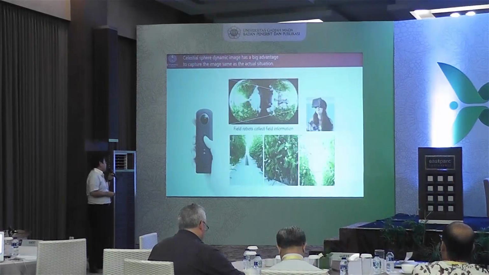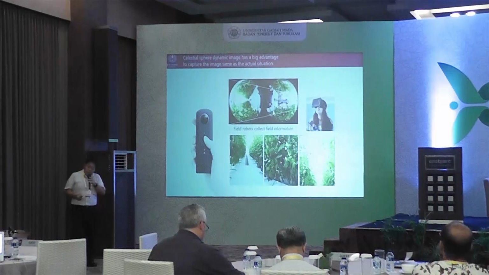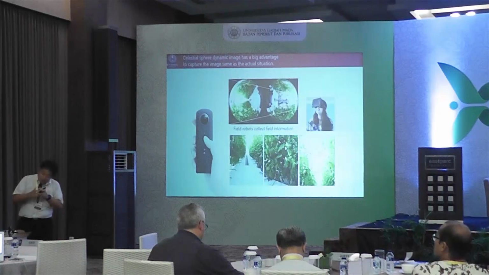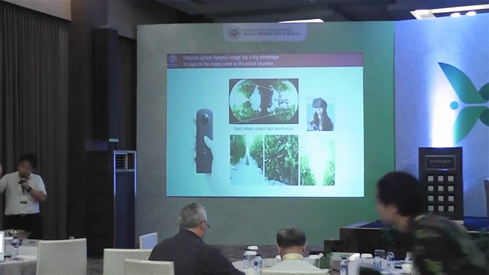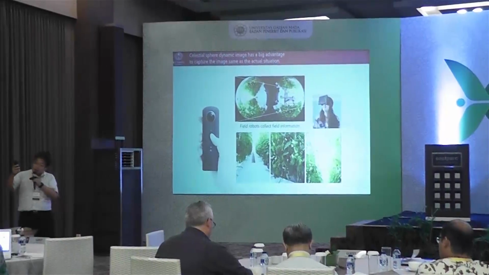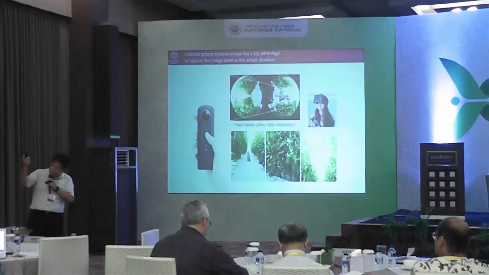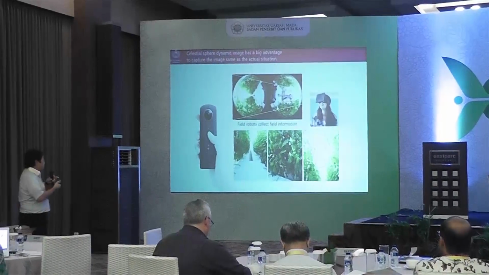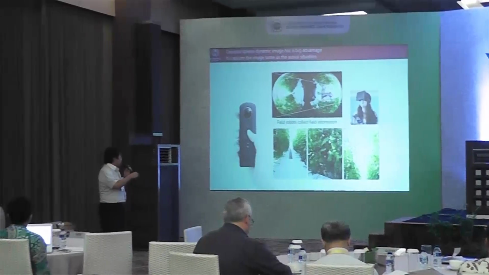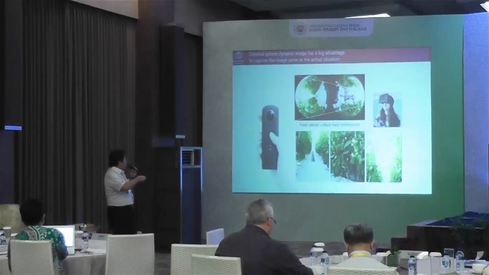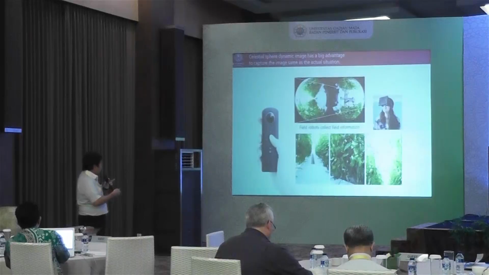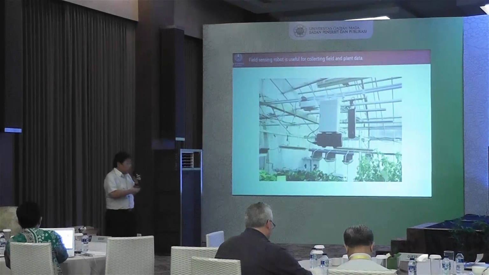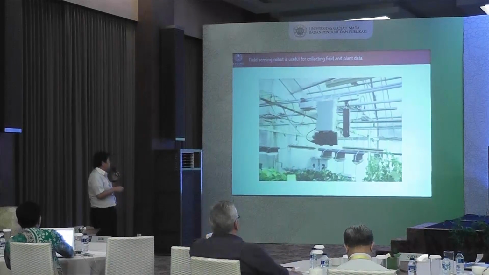Now we go to this camera. This is a special camera I brought. This is a 360 camera. Two cameras exist, on this face and that face. By using this camera, we get this kind of photos. Then we install the camera into a small robot like this.